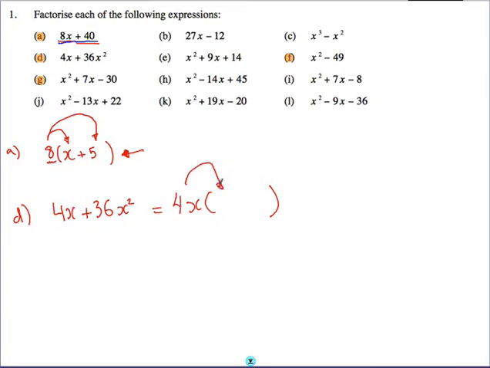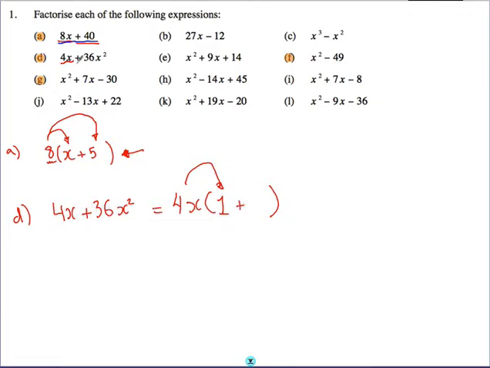Then again, it's the same method as what we did for question A. 4x times what gives us 4x? This is probably the hardest question you will ever hear. 4x times what gives us 4x? 0? No, it's not 0, it's 1. 4x times 1 gives us 4x.